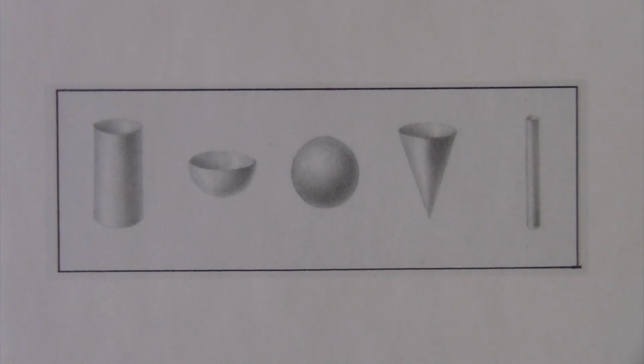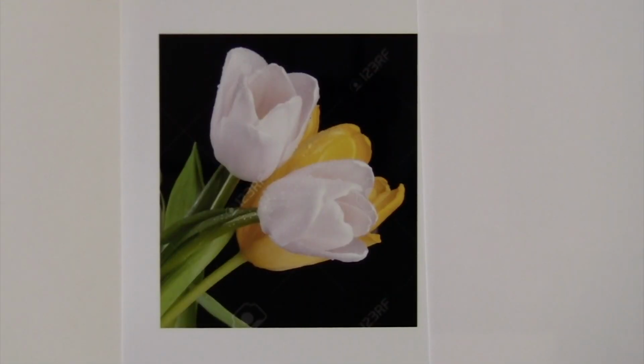So let's take a look at some flowers and see if we can figure out what the basic shapes are for those particular flowers. Since our first assignment is going to be a tulip, we will start with that particular shape. This happens to be a cup-shaped flower. Cup-shaped flowers can be either very deep or very shallow. In the case of this particular tulip, it is a fairly deep cup.